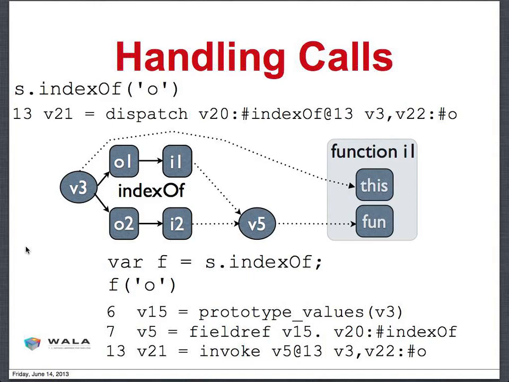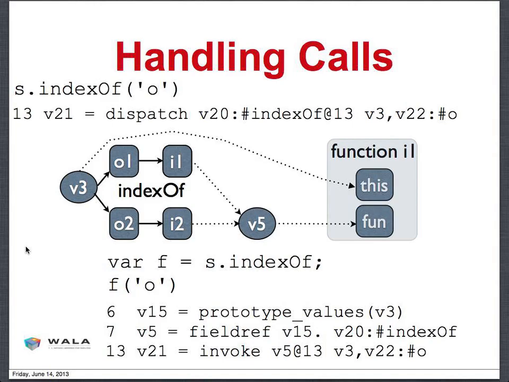If each of those has a different index of function, and I simply model it as reading the property and then a separate invoke, I'm actually going to get an imprecise model. I'm going to think that either function could be invoked on either abstract object, which is actually not the case.